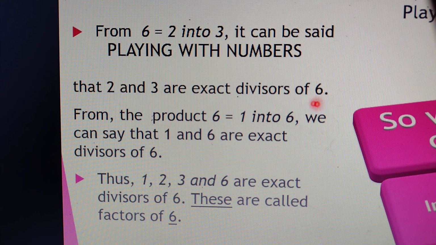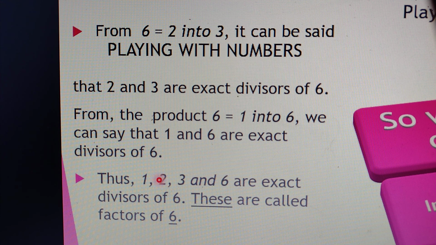If the product of 2 and 3 is 6, that means 2 and 3 are exact divisors of 6. From the product 6 equals 1 into 6, we can say that 1 and 6 are exact divisors of 6.